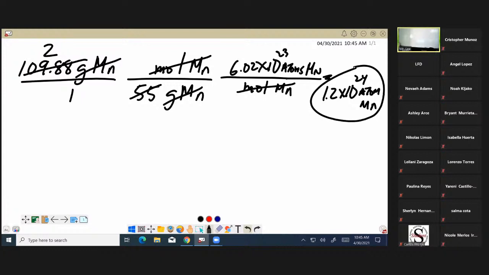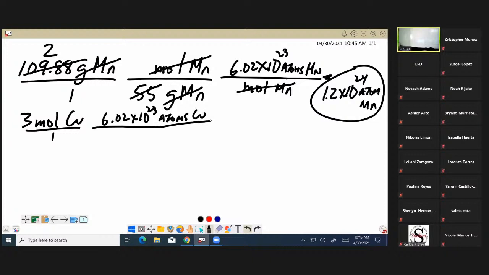Okay. Let's take a look at the second one. We have 3 moles of copper. Right? Oh, 1 atom, that's easy. That's Avogadro's number, right? Because we want 6.02 times 10 to the 23rd atoms of copper for every mole of copper, right?